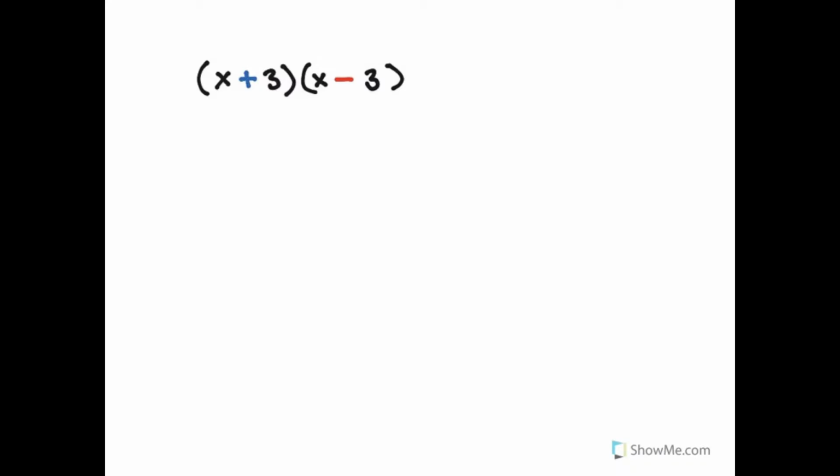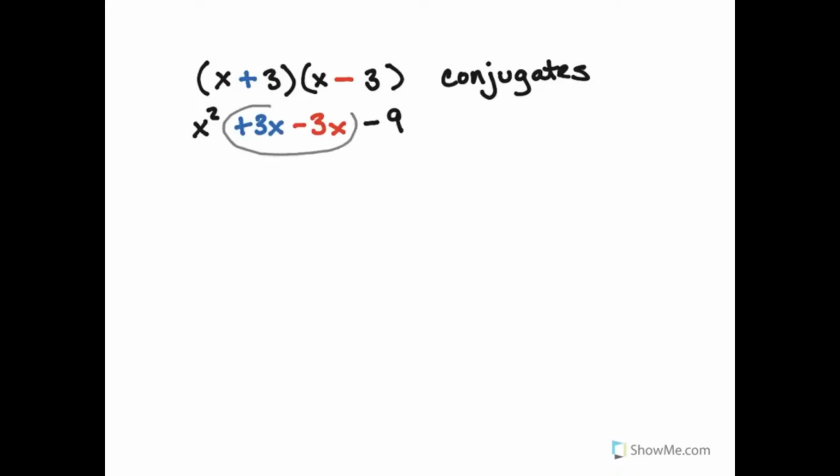Binomials like these that differ only in the sign of the second term are called conjugates. They have a special property because when they're multiplied, the middle term will cancel out. Positive 3x and negative 3x, that's just gone. The resulting expression, although it's quadratic, only has two terms, a square and a constant. Notice that the positive 3 times the negative 3 gives me a negative 9.